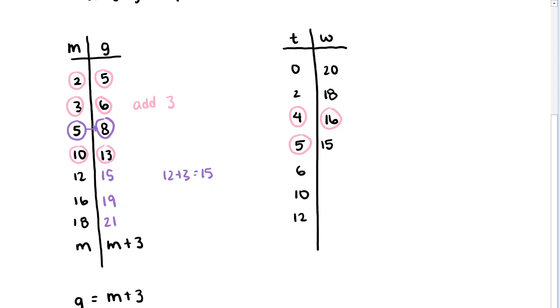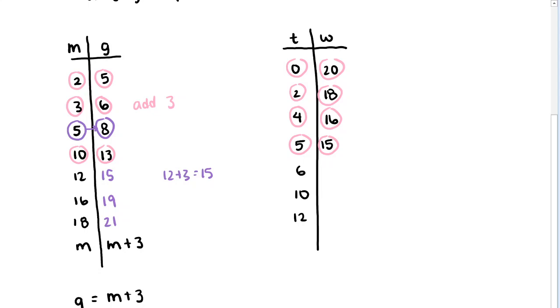Then I also get 15. Or if I take 2 and subtract it away from 20, I get 18. And if I take 0 and subtract it away from 20, I get 20 as well. And so the rule we seem to have found here is that we take our value of t and subtract it away from 20, and that's how we get our value for w.